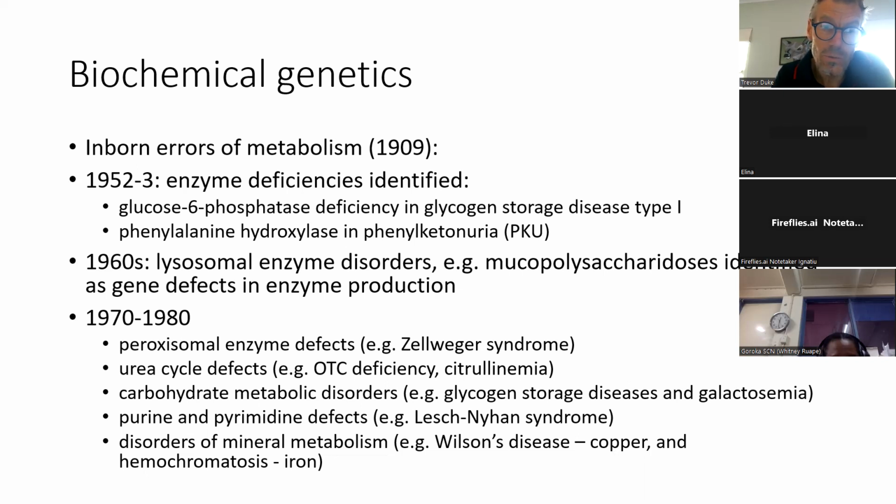One is glycogen storage disease, not G6PD, but glucose 6-phosphatase deficiency in the glycogen storage diseases, and a disease called phenylketonuria. Phenylketonuria certainly used to be the most common cause of intellectual disability in adult males.